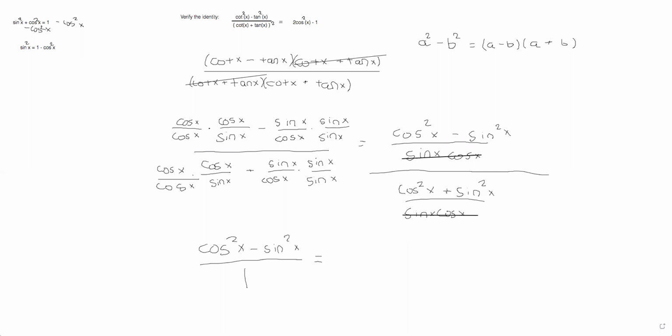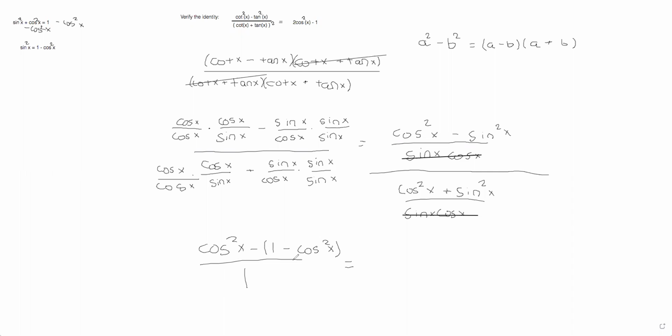So what I want to do now is take this entire sine squared x and replace it with 1 minus cosine squared x. So let's simplify.